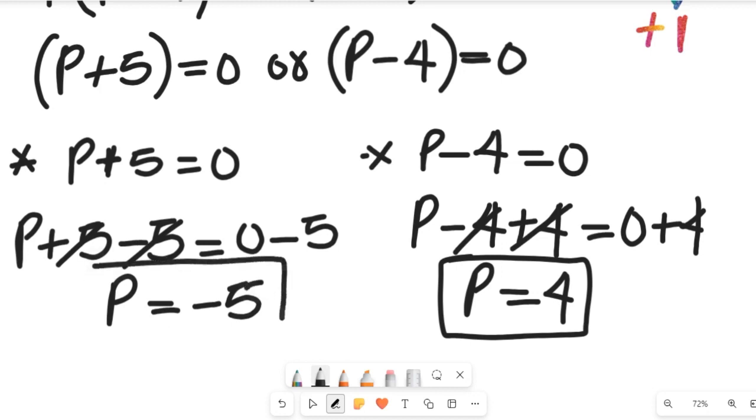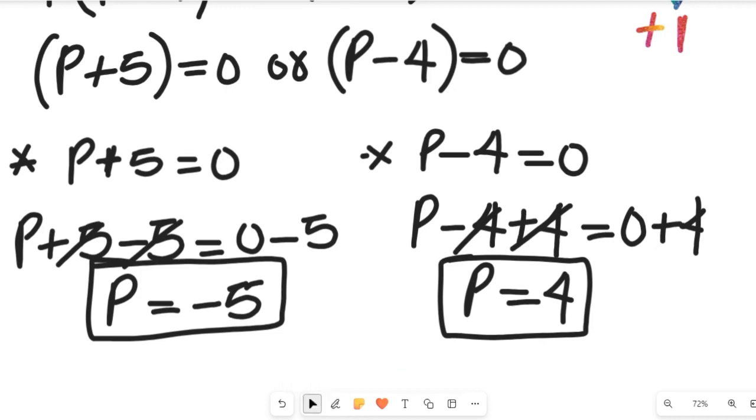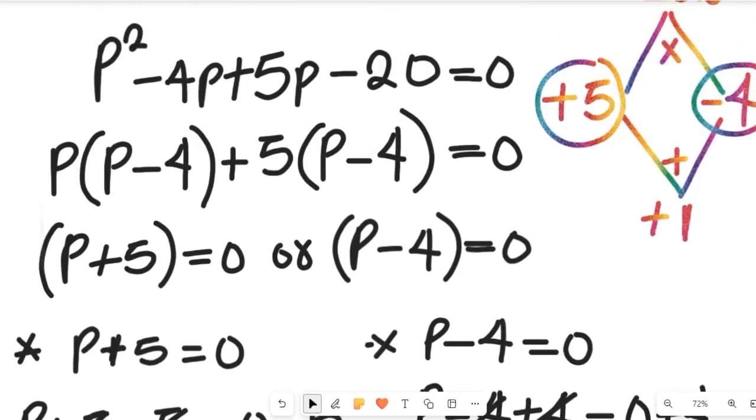Great. So we have two values, p equal to negative 5 and p equal to 4.